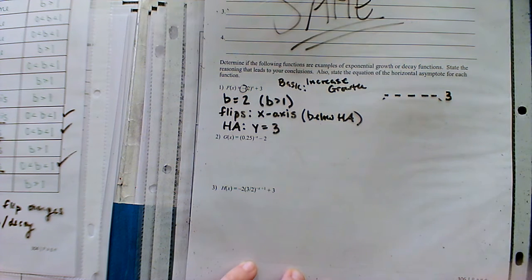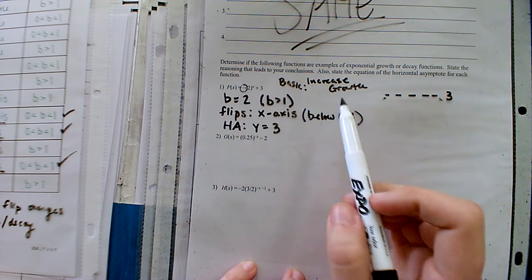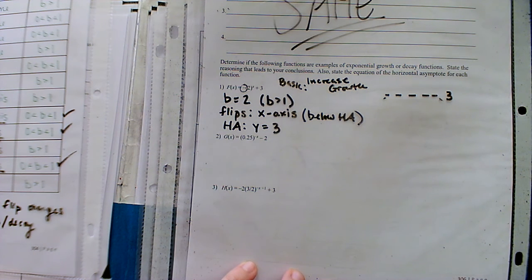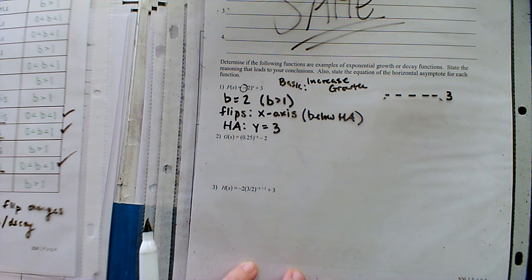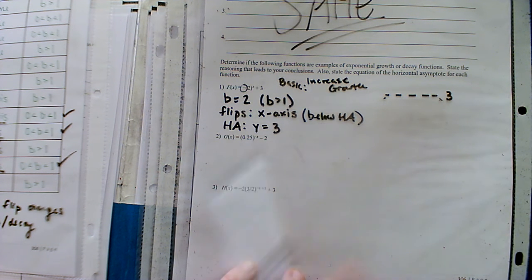I'll label this basic. So now we're going to take a look at the flips to help us see if we have to change either of these characteristics. So we have one flip. What does that change? Increasing, decreasing, growth, or decay?